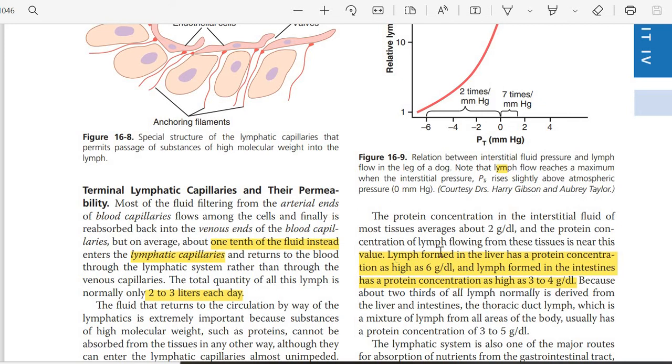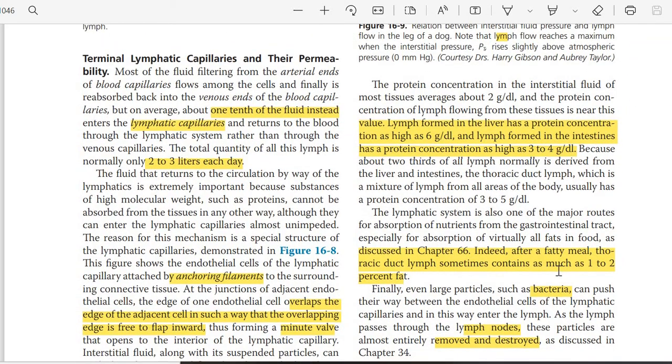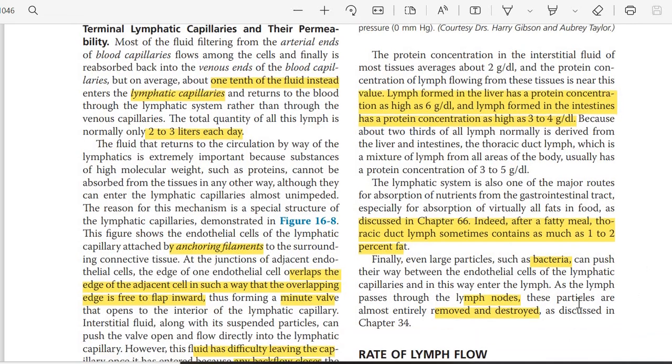In the liver, the capillaries have a high filtration coefficient and their pores are bigger, so the interstitial fluid is rich in protein and fat. That's why the lymph of the liver has a protein concentration of 6 gram per deciliter, and after a fatty meal it has 1 to 2% fat.